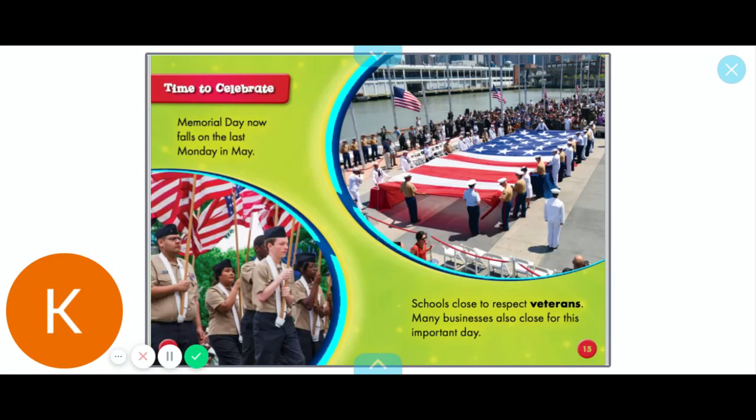Memorial Day now falls on the last Monday in May. Schools close to respect veterans. Many businesses also close for this important day.